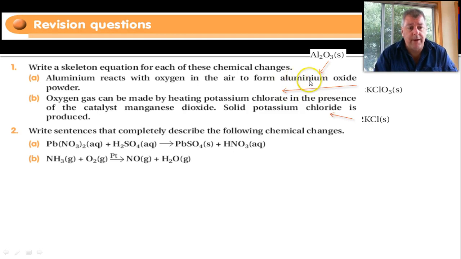And so the formula for aluminium oxide is Al2O3. The formula for potassium chlorate is KClO3, and then potassium chloride is KCl. And the rest is given to you, so you should be able to work out those questions in class. Again, just yell out if you need help.